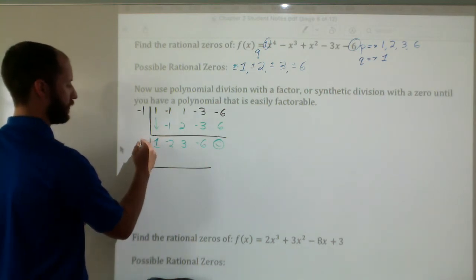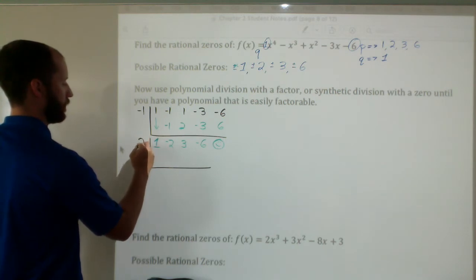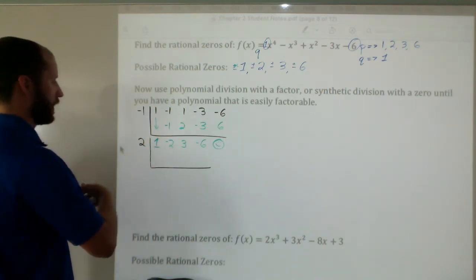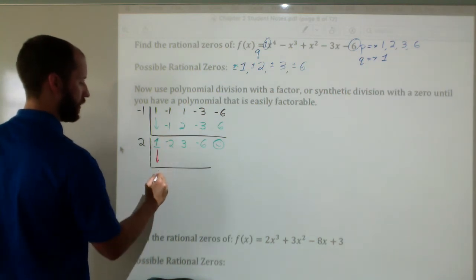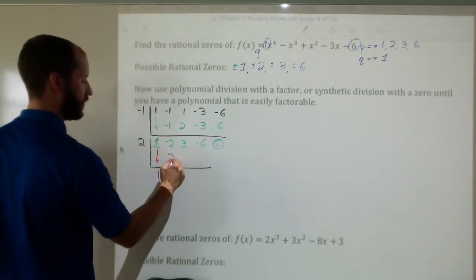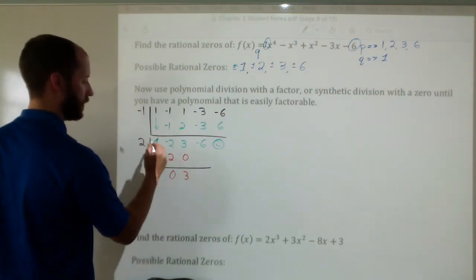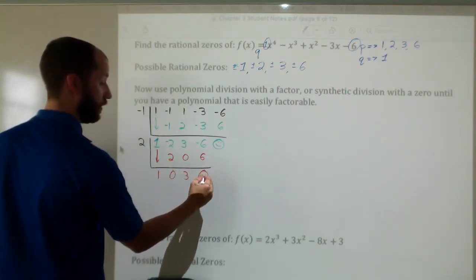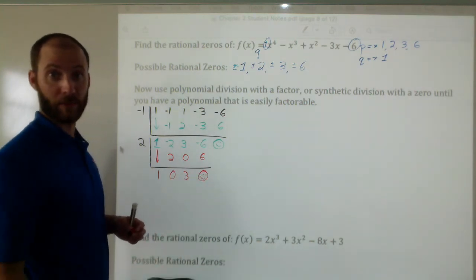So I'll put a 2 out in front. I'm going to drop the first number down, so I get a 1. 2 times 1 is 2. Add those up and get 0. Bounce it. It worked again. Call me butter. I'm on a roll.